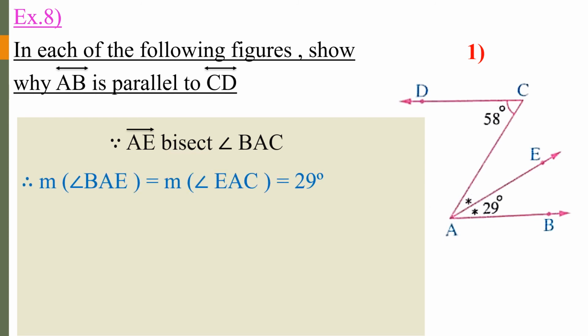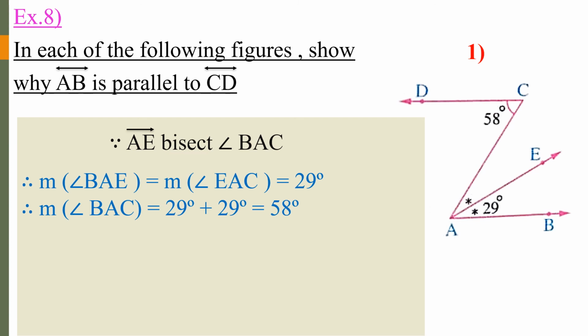Then the measure of angle BAE equals the measure of angle EAC, which is equal to 29 degrees. So the whole angle A, the measure of angle BAC, equals 29 plus 29, which equals 58 degrees.